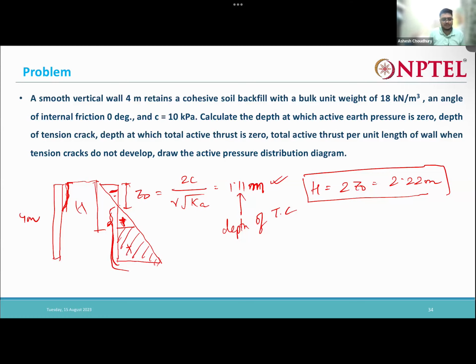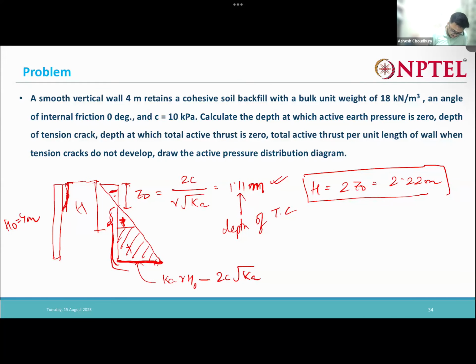Okay, in that case, what will be this length? This length is nothing but K gamma H, where H is not this one, but let us say H naught minus 2c root K. So this length is nothing but 52.